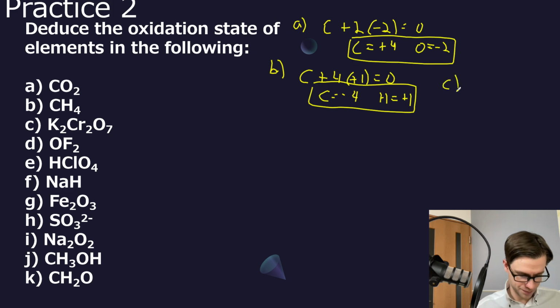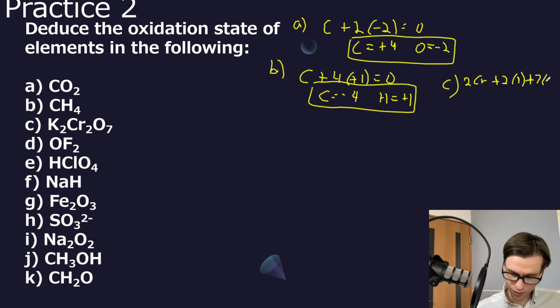Okay, C. K2Cr2O7. Looks pretty tough, but remember there are rules for K and rules for O. So it's just Cr that we're trying to find, but there are 2 of these. You got to take into account all of the subscripts. So 2 chromiums plus 2 alkali metals, it's 2 times plus 1, plus 7 oxygens.